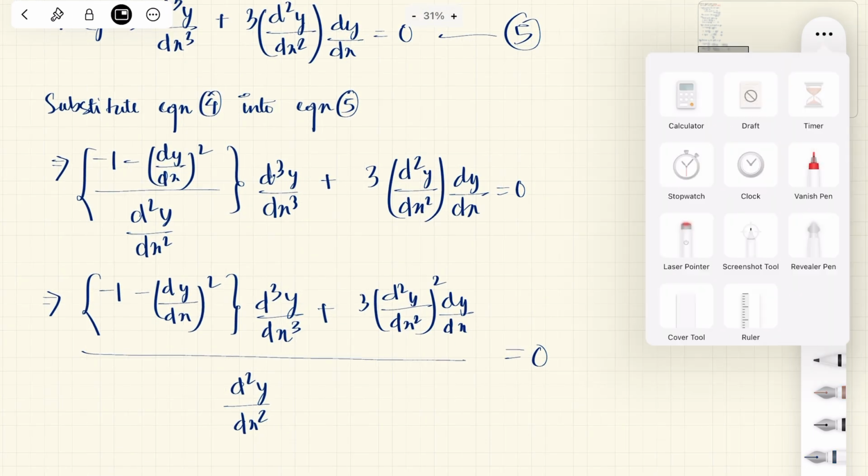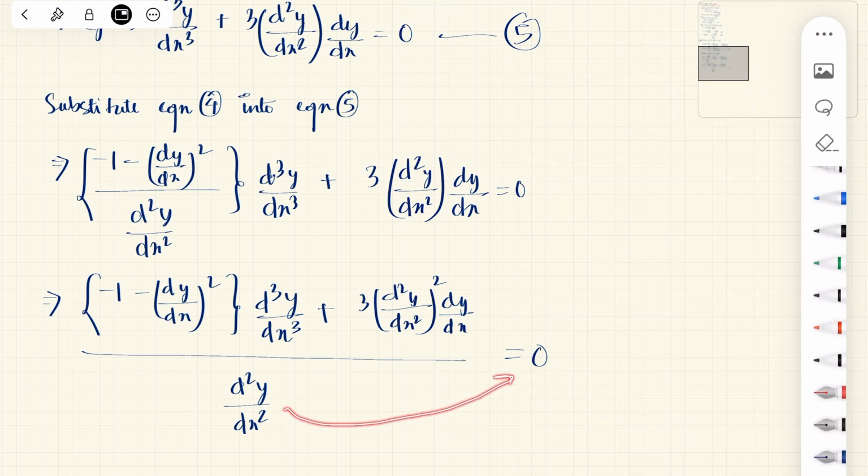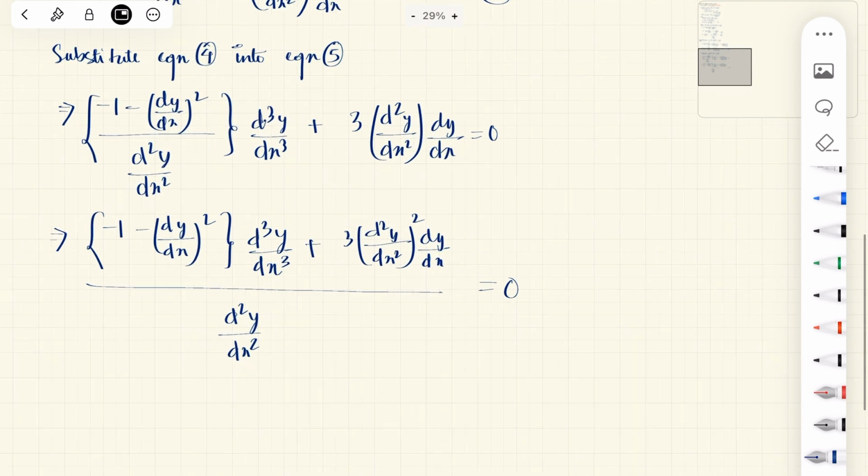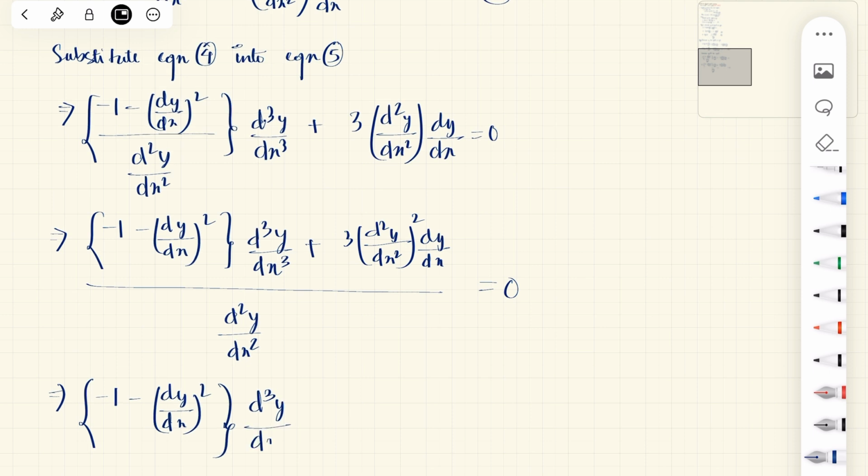So can I put here? It will become 0. Yes or no? So now the answer we got is -(1 + (dy/dx)²) d³y/dx³ + 3 (d²y/dx²)(dy/dx) = 0.